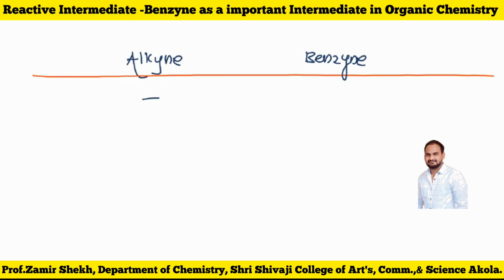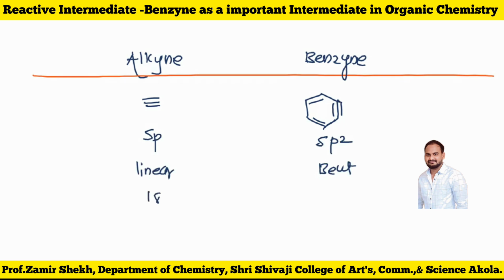Structurally, the alkynes are represented like this, while benzyne is like this. Alkyne is sp hybridized, while benzyne is sp2 hybridized. So this molecule is linear, while this molecule is bent. This has a 180 degree angle, while here the angle is about 120.